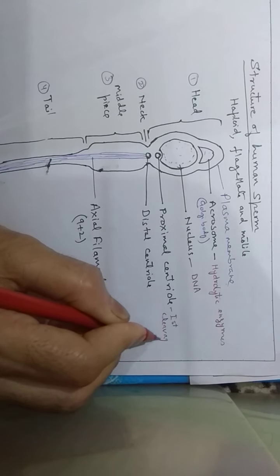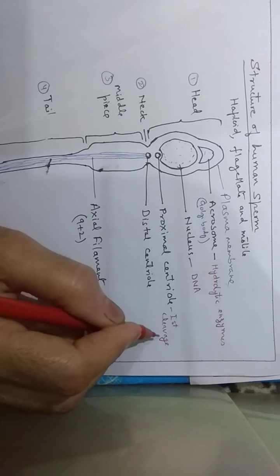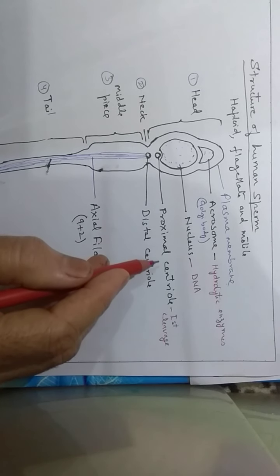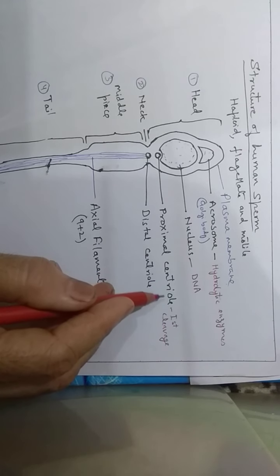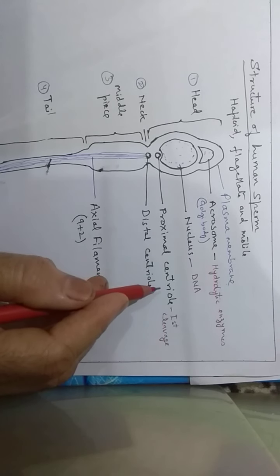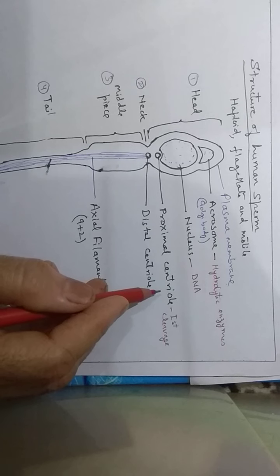Cleavage means when the zygote is divided, at that time this proximal centriole helps in the formation of spindle fibers.